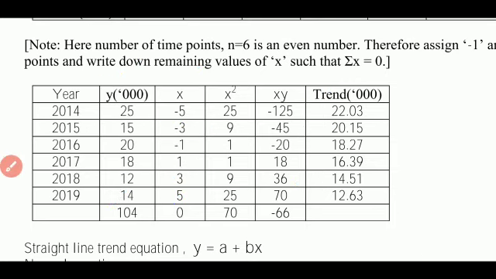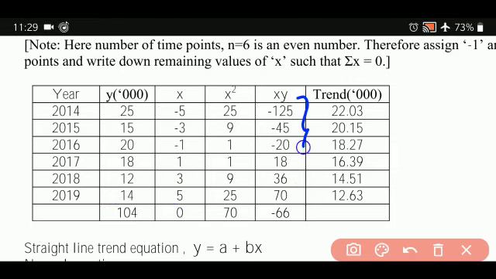How are we going to do this calculation? Add all these minus values: -125, -45, -20, it's going to be -190.